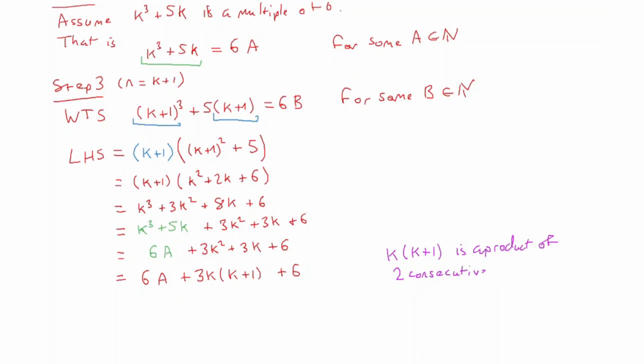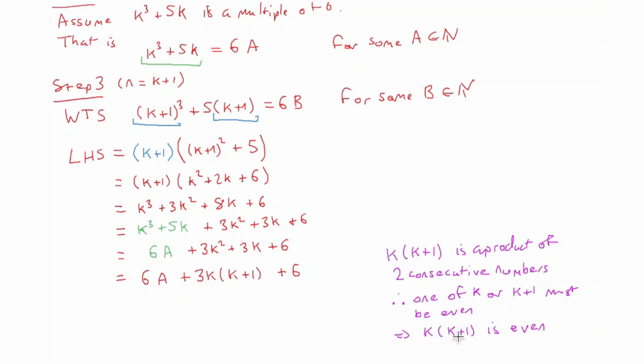Because it's 2 consecutive numbers, one of them must be even. And if one of them is even, then the product is even. Because an even times an even is even, and an even times an odd is even.